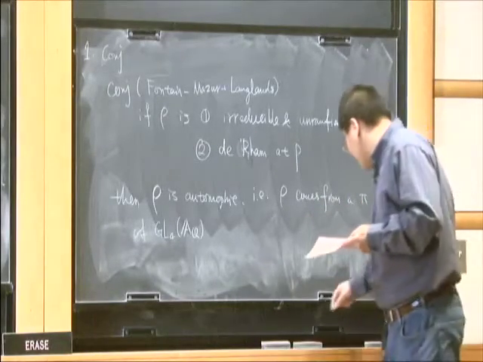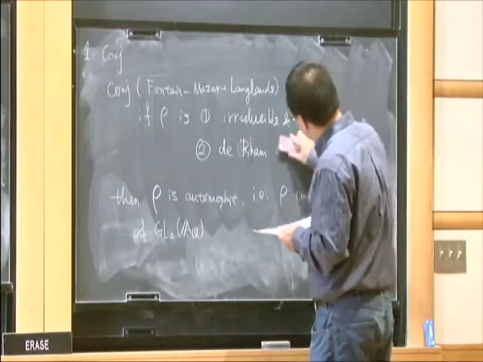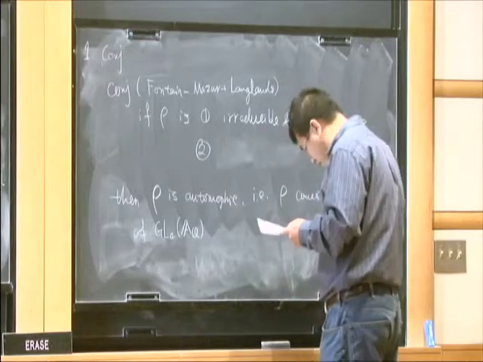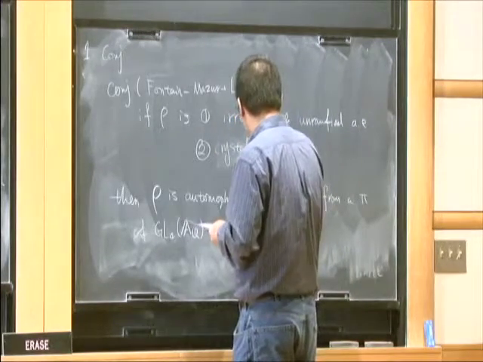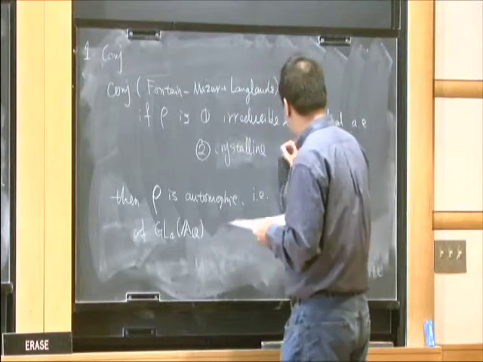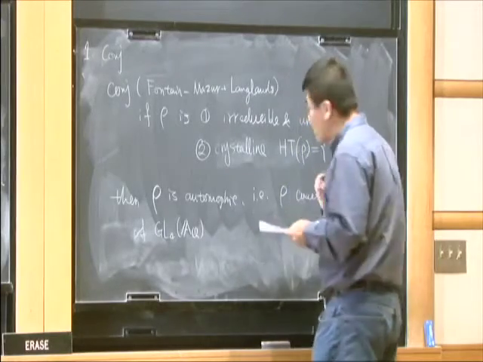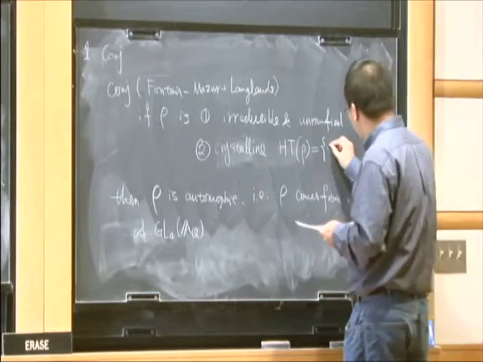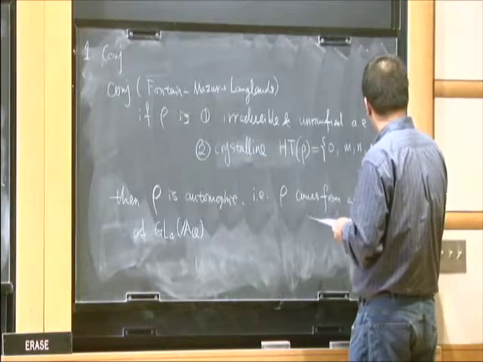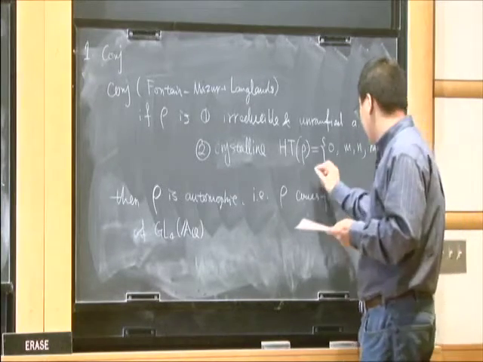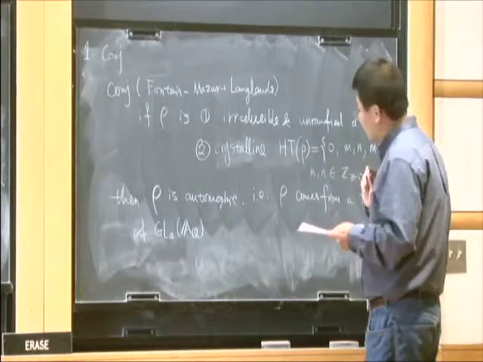So unfortunately, for the remainder of my talk, I'm going to replace this condition with the following: crystalline, and the Hodge-Tate weights of this guy you can always prove must be like this, for m and n non-negative integers.